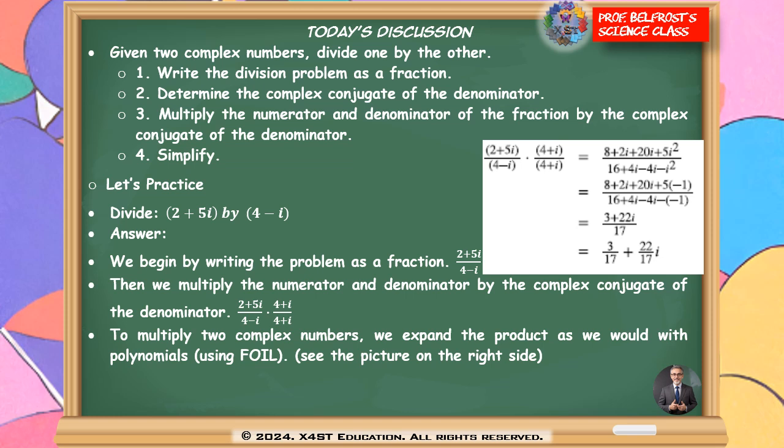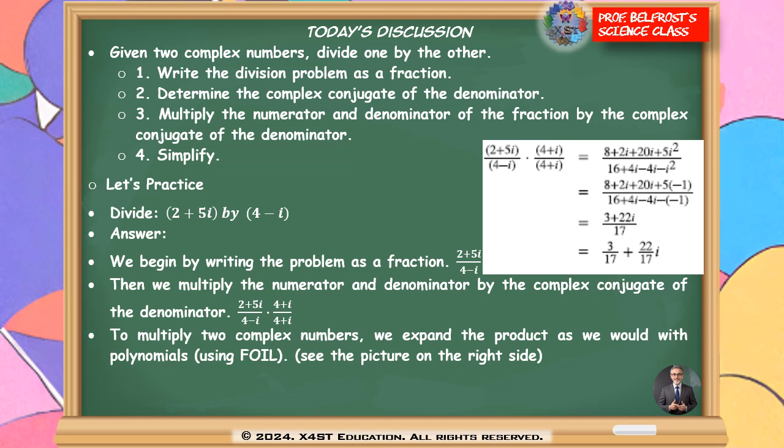So you just multiply the division by 4 plus i over 4 plus i. Then you just multiply two complex numbers by using the FOIL method or any method that you like. You can use the distributive property.